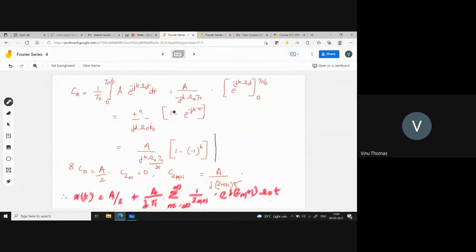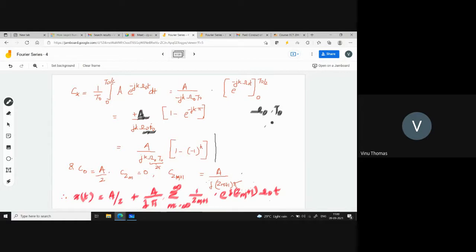Okay, so this you can write as A by jk omega naught T0. Omega naught T0, what is it? Omega 0 into T0. What is omega 0 into T0?